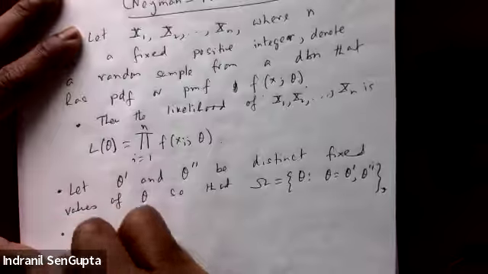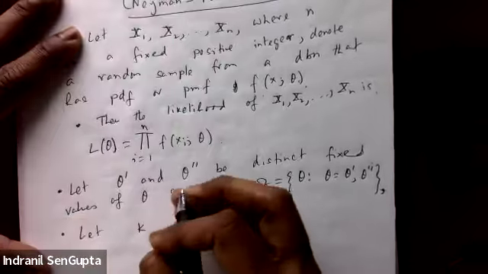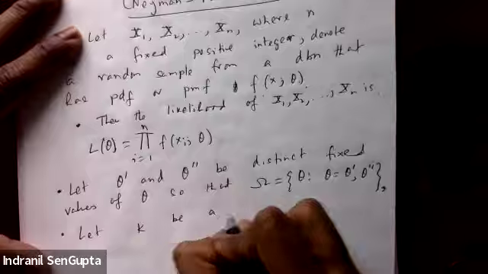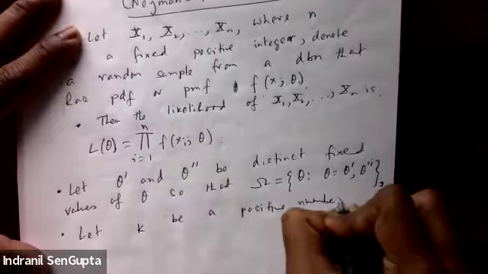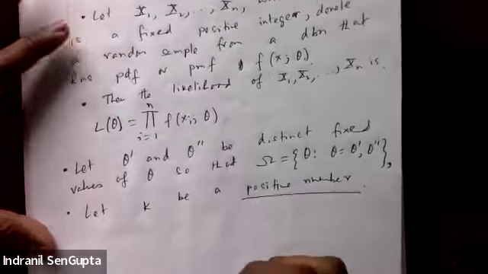Let k be a positive number. It's very important. So k is a positive number.